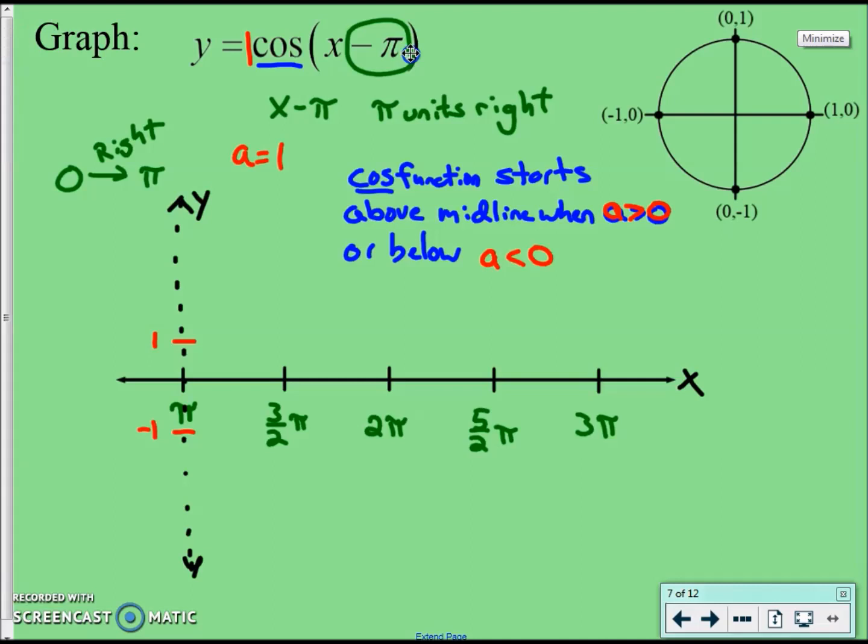So when a is positive, we're going to start above the midline, and when a is less than 0, we're going to start below the midline.